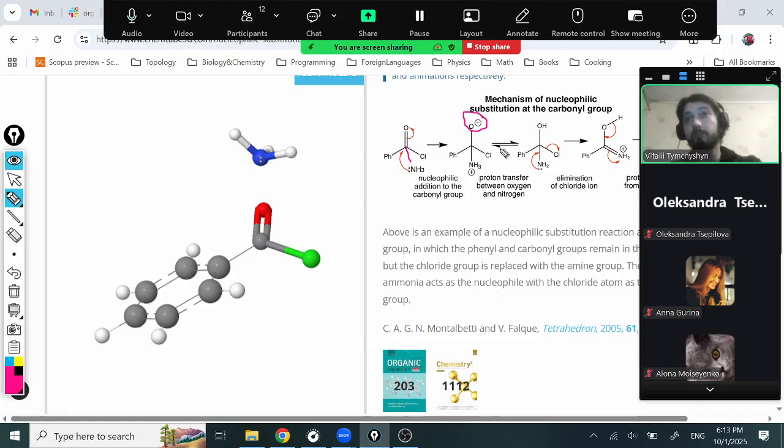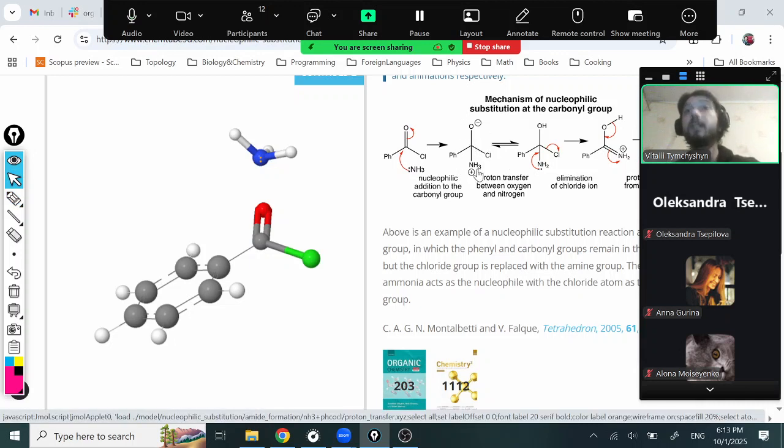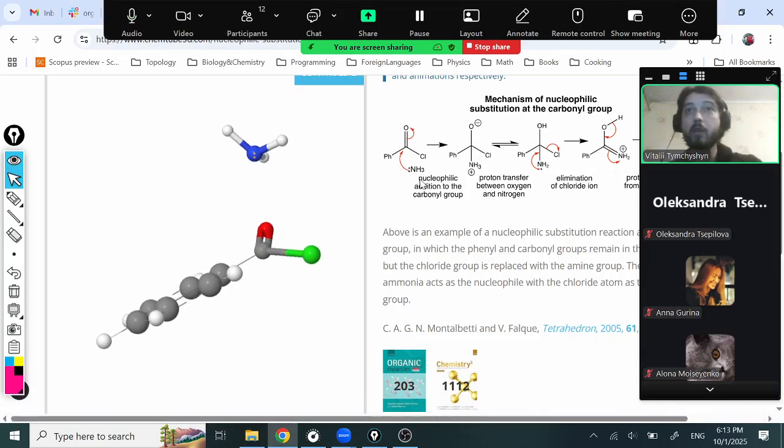So it gets its 8 electrons. If you did the homework and drew all the bonding and non-bonding pairs and so on, you are probably able to draw these things. And we have this sort of intermediate that is called a tetrahedral intermediate, because this carbon atom is tetrahedral.